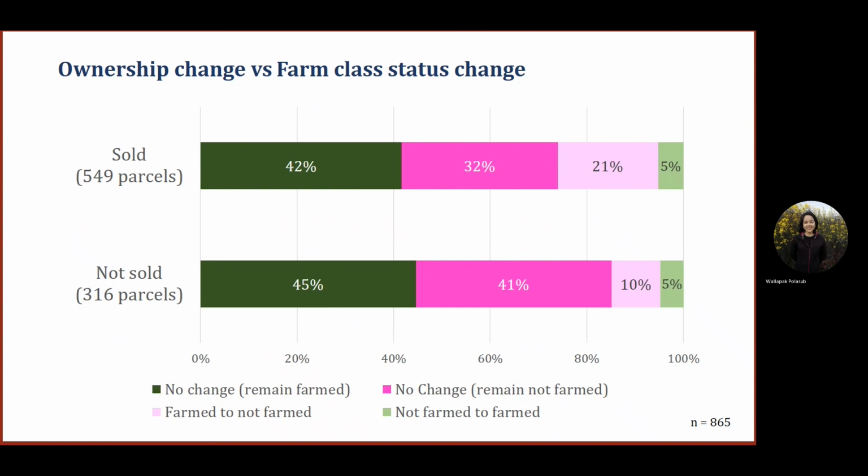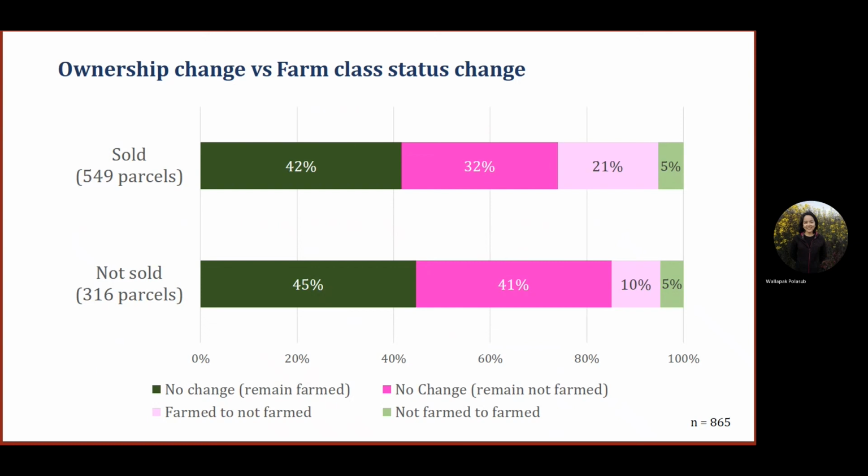The first bar are those parcels that have been sold, that had their ownership change, and the lower bar are those parcels that were not sold. Within the top and the lower bars, we also break them into farm class status change as well.